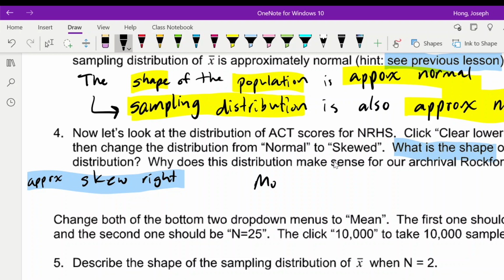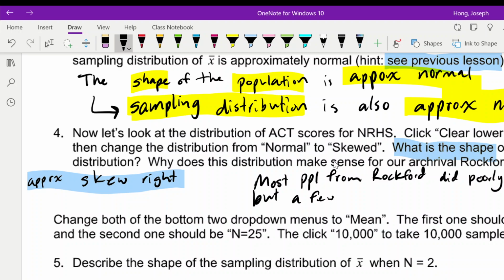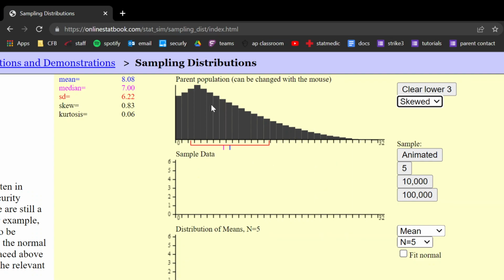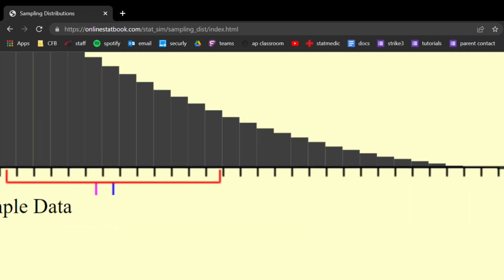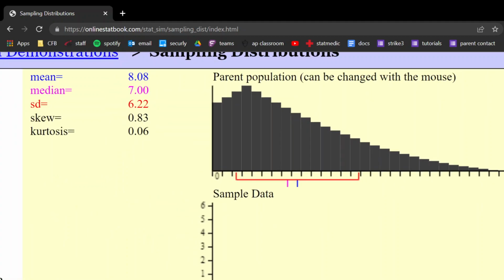So we can say that most people from Rockford did poorly, but a few did well. And if I look at the distribution again right here, in the higher spectrum of our grading system, you can see that there's people here, but it's just not as many.